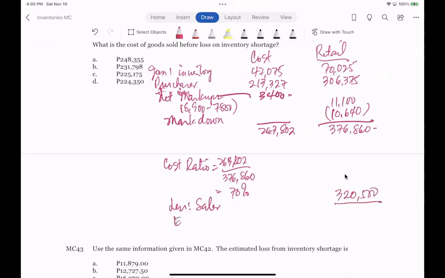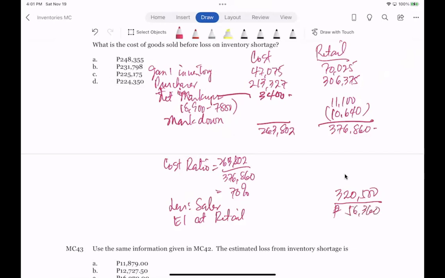Therefore, your ending inventory at retail is 56,360.